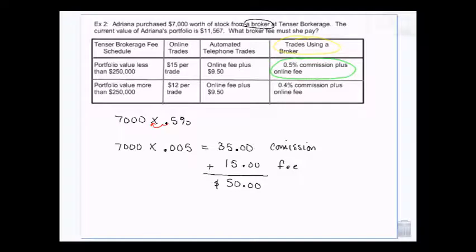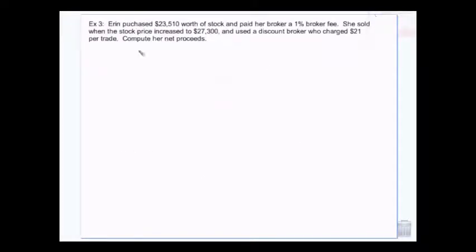In order to calculate our net proceeds, we're going to do the purchase fees. Hold on. Let me rewrite that. We're going to take the total sale minus the purchase price minus the purchase fees and minus the sales fees.